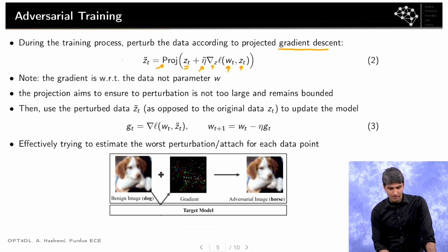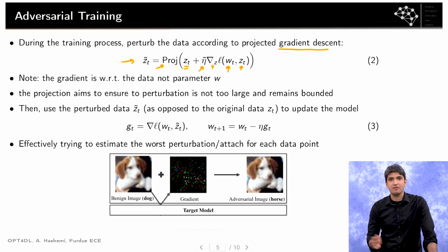Okay. So basically, what this is saying is that let's try to estimate that worst case perturbation for each data point by applying gradient methods. So the approximately worst perturbation is the one that perturbs the image according to the gradient of the loss with respect to that image.